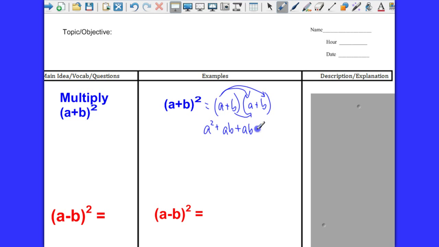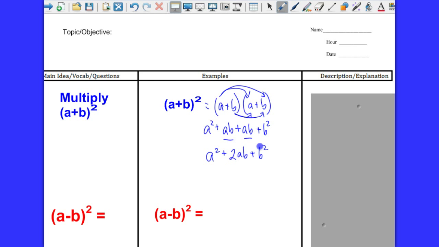It doesn't matter if it's ab or ba. We need to know that it matches that term right there. And b times b is b squared.